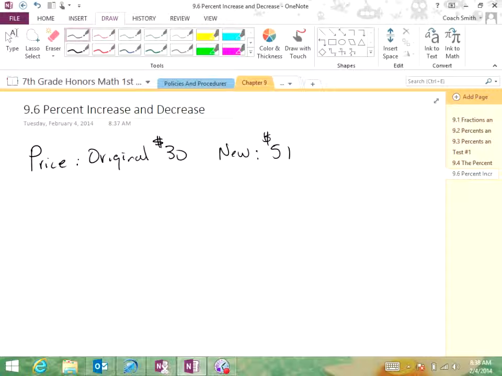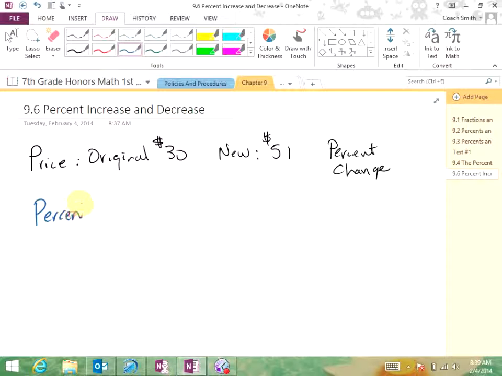Okay, so we're looking for a percent, and they're going to call it the percent change. Okay, first of all, did the change increase or decrease? Increase. We always look at the original price to see if something is increasing or decreasing. Okay, now, the formula that you use is this.